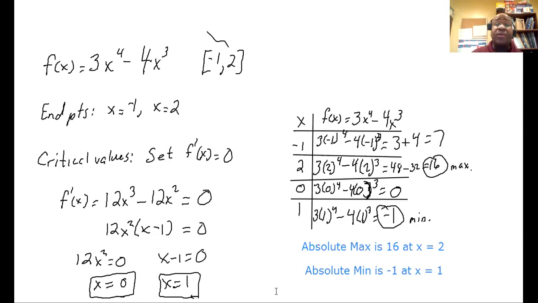Now, one of the good things about this is that this is something that we can verify when we look at the graph of the function. If you have access to a graphing calculator, you can graph the function out, and you'll indeed see that these will be the minimum and the maximum values. I can draw out a sketch of the graph. And trust me, this will be a very, very rough sketch.